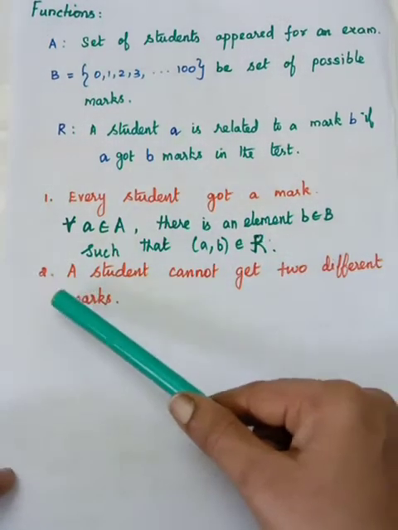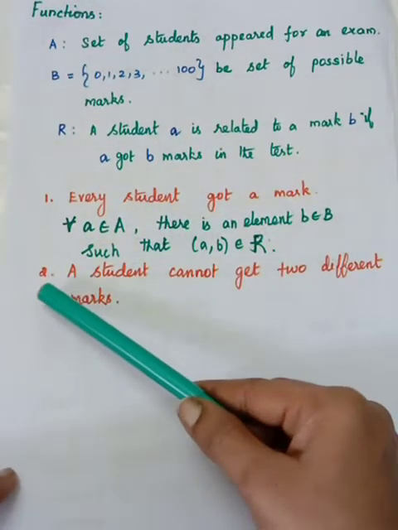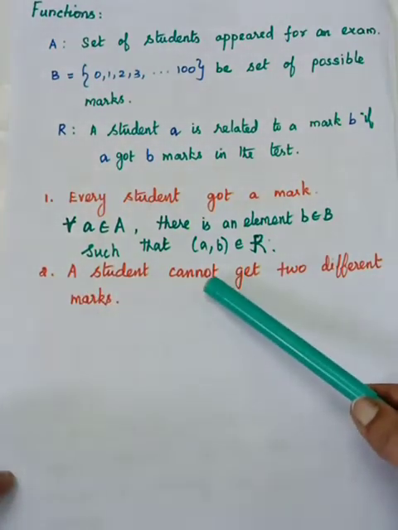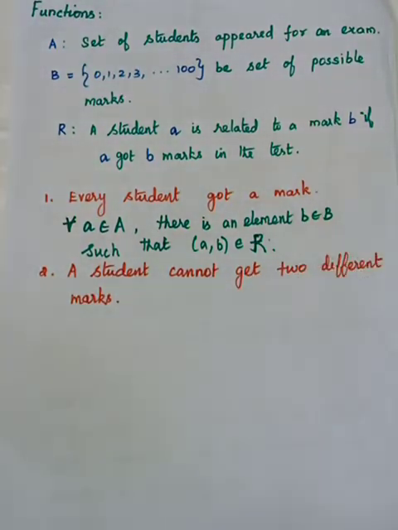Okay, and while observing this example, the second one is that a student cannot get two different marks.